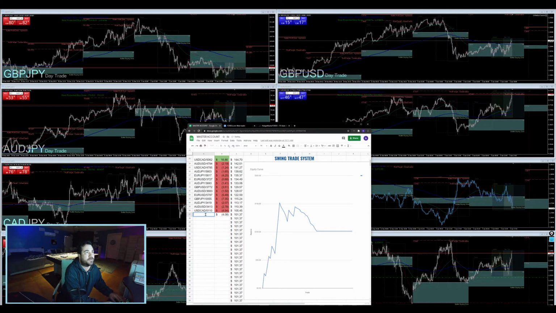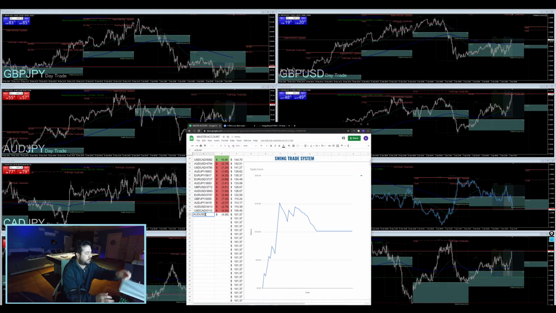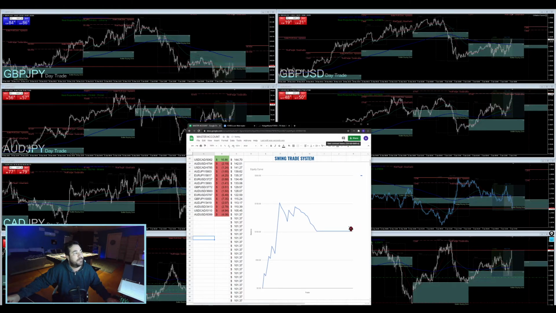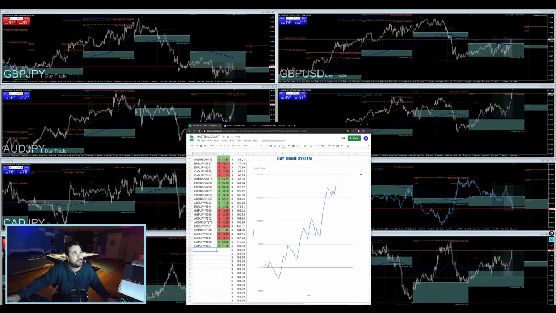The drawdown continues, huh? Wow. Not happy about that. That's a long-lasting drawdown. I haven't had a drawdown like that in my day trading.